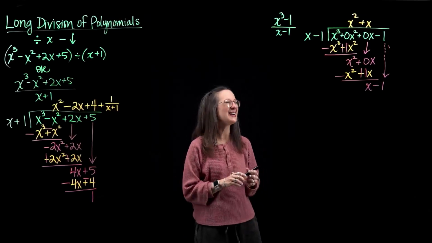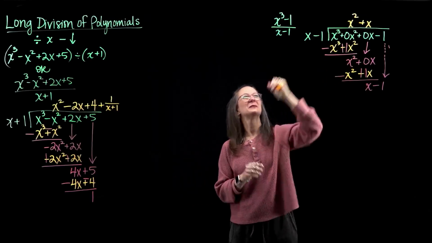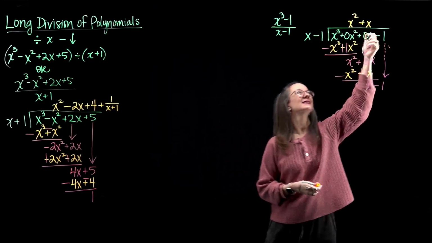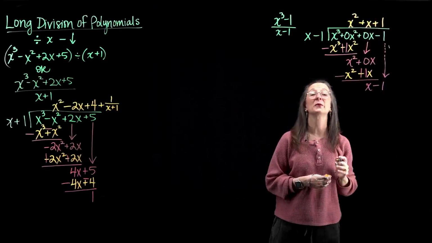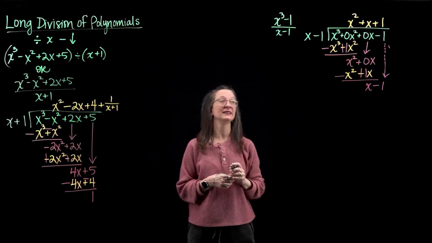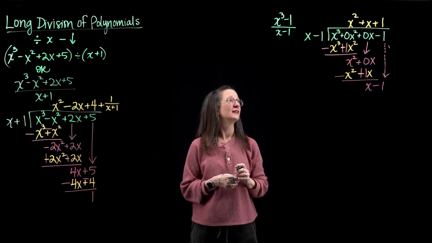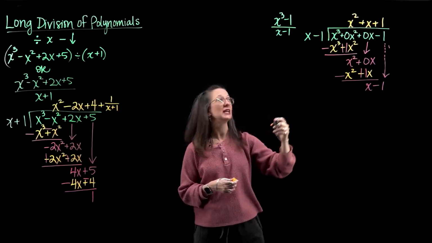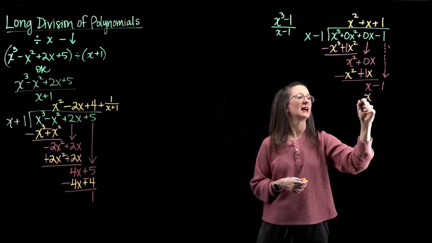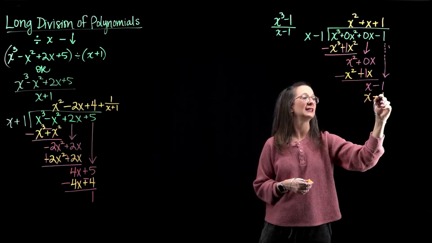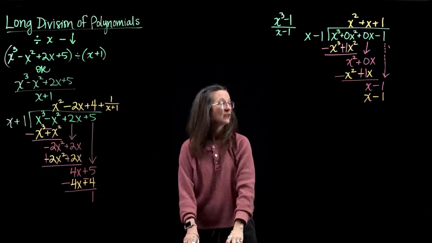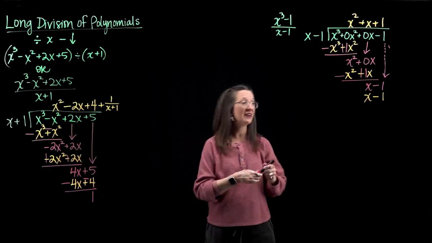All right, one more time. X divided by x is 1. So I'm going to write plus 1 on top of my division bar. And then we'll do the multiplication. 1 times x is x. 1 times negative 1 is negative 1. So I'll write x minus 1 at the bottom.